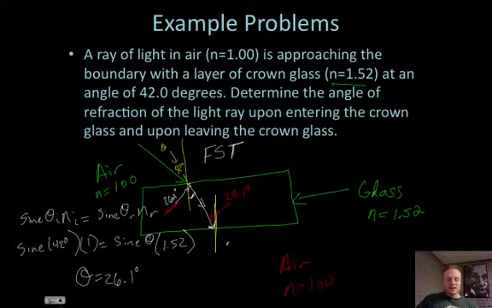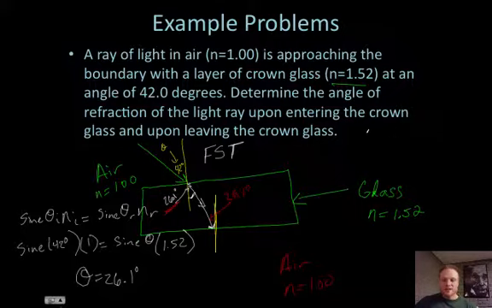What angle is this light ray going to come out of this box? The answer is we again need to use Snell's law. So if we do that, maybe I'll do that up here just so I have some space.